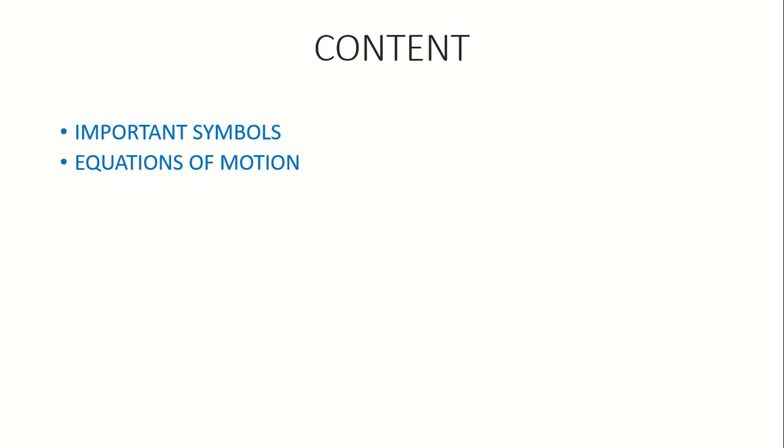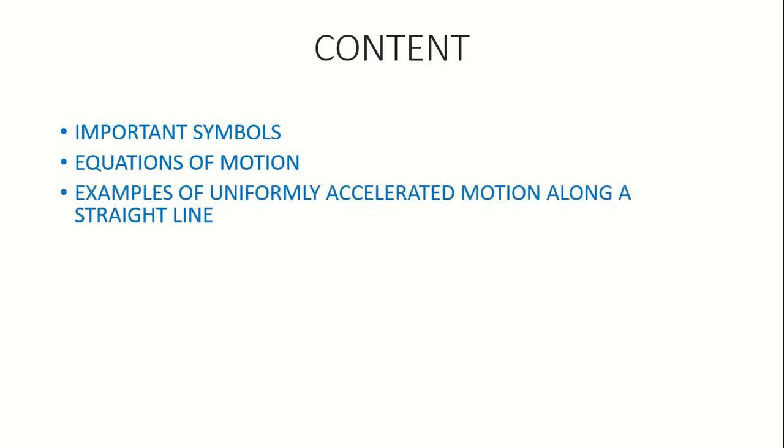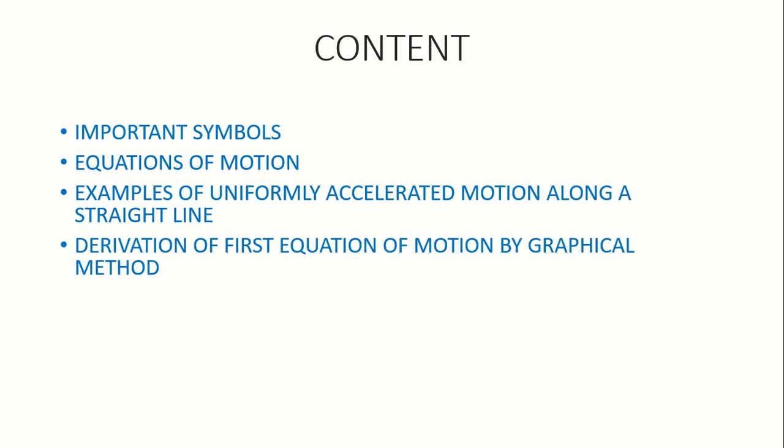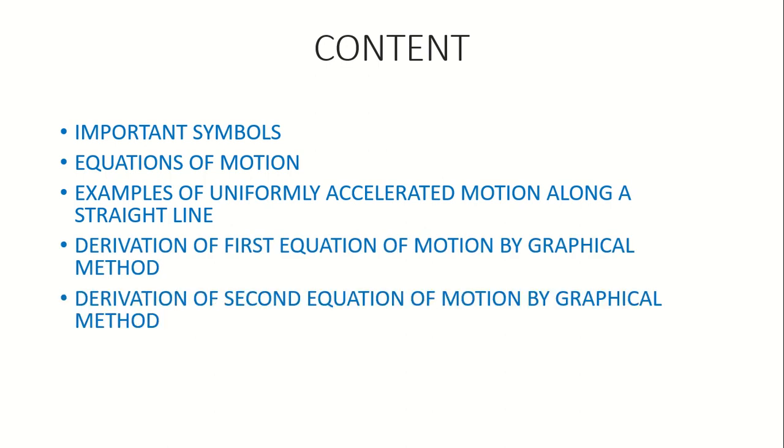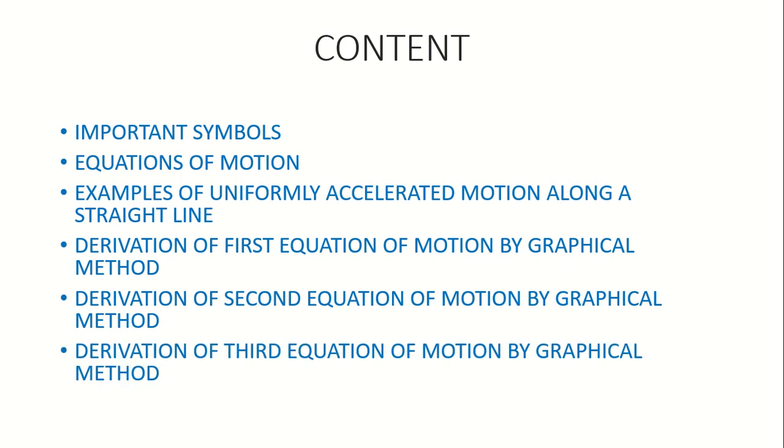Now, equations of motion, examples of uniformly accelerated motion along a straight line, derivation of the first equation of motion by graphical method, derivation of the second equation of motion by graphical method, and derivation of the third equation of motion by graphical method. We are going to derive the three equations of motion one by one by using graphical method.